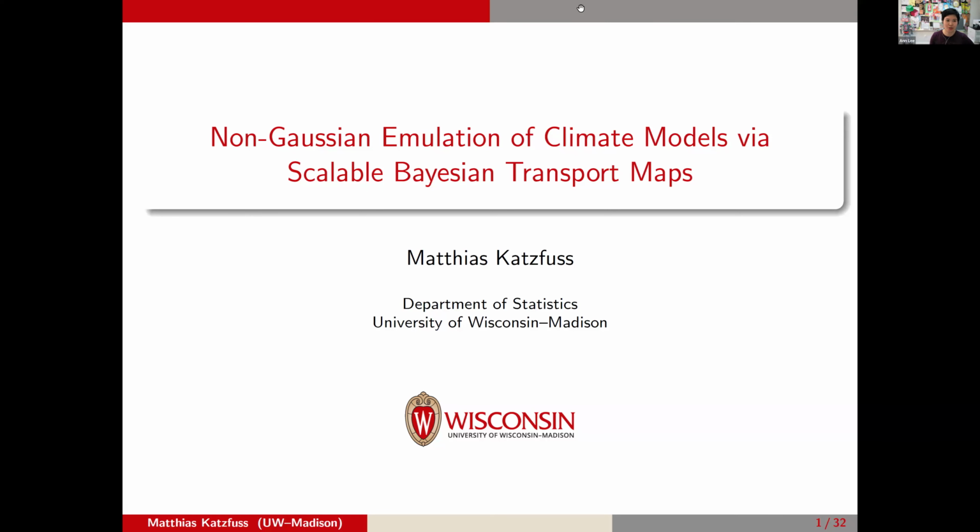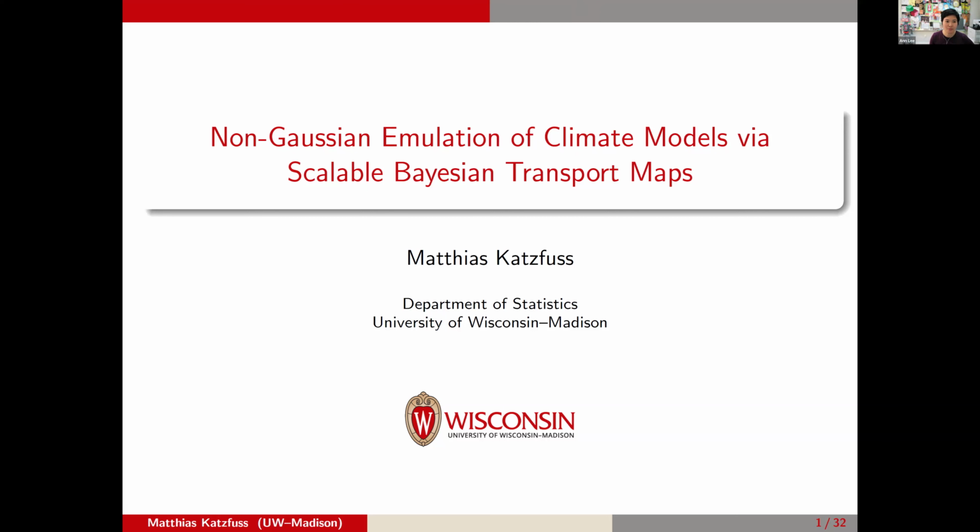It's a pleasure to introduce Dr. Matthias Katzfuss. Matthias is a professor in the Department of Statistics at University of Wisconsin-Madison. He received his PhD in statistics at the Ohio State University, and he was faculty at Texas A&M for several years before he relocated to Wisconsin-Madison.